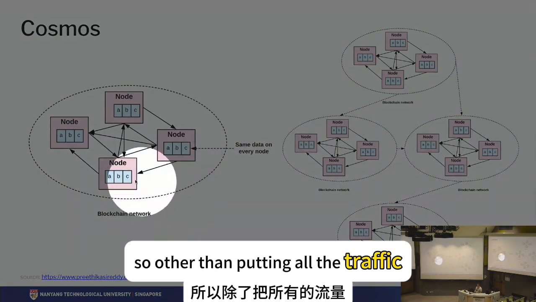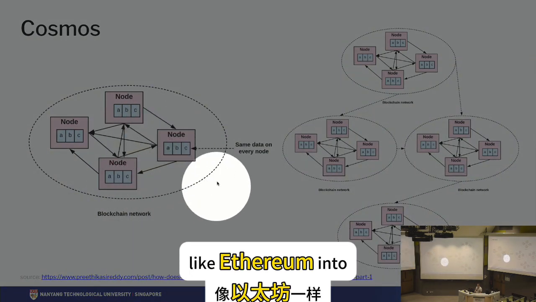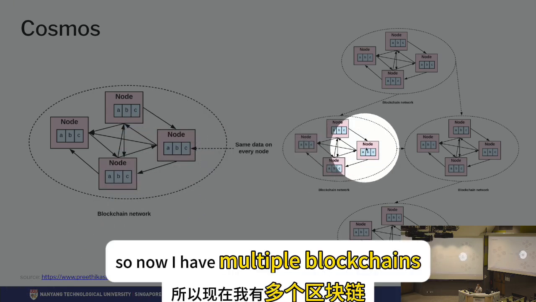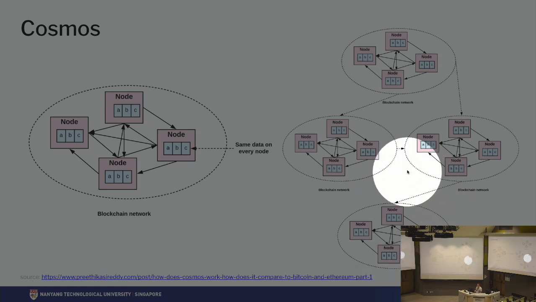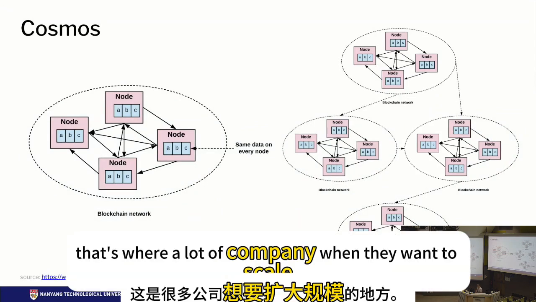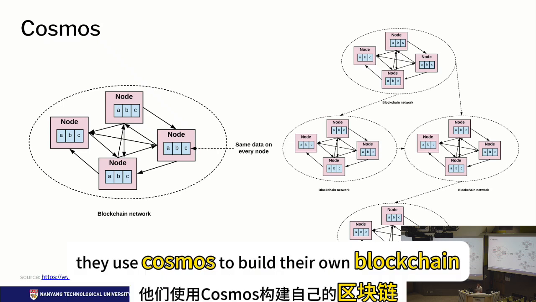Rather than putting all the traffic and data into every block of a single blockchain like Ethereum, now I have multiple blockchains, so in a way we scale horizontally. That's why a lot of companies use Cosmos to build their own blockchain when they want to scale.